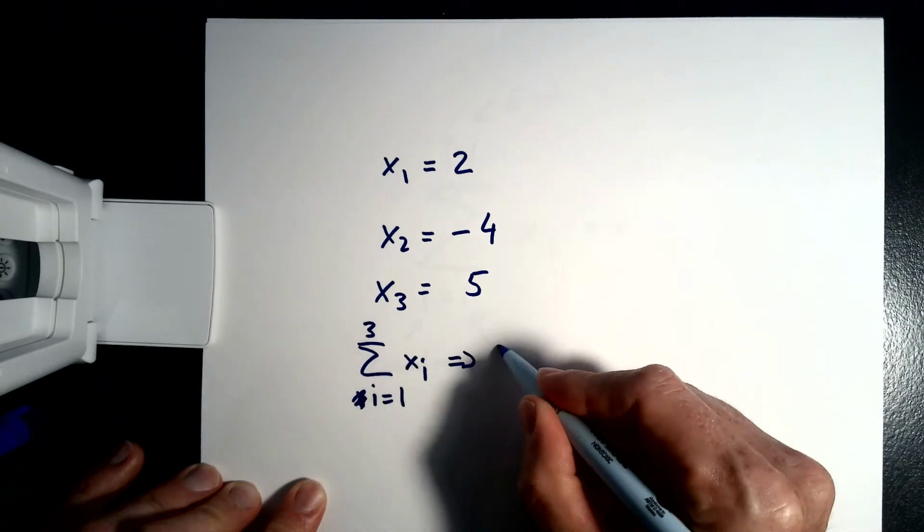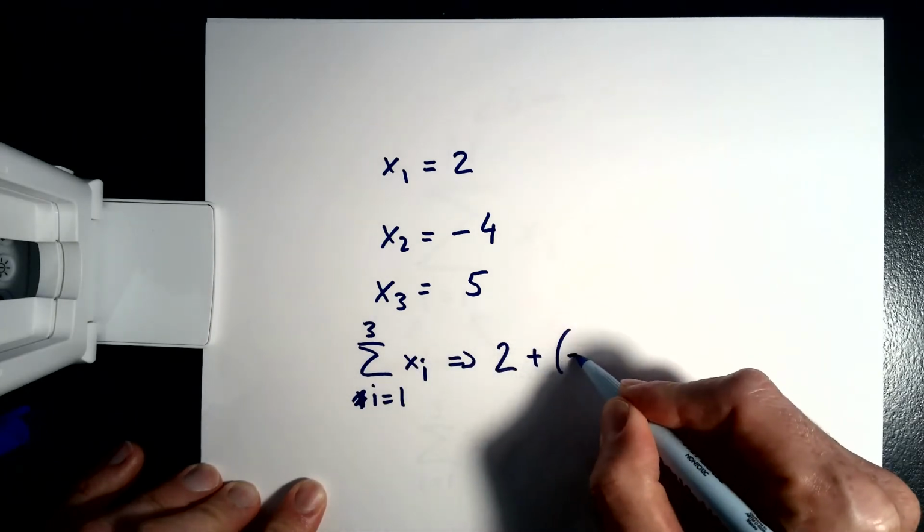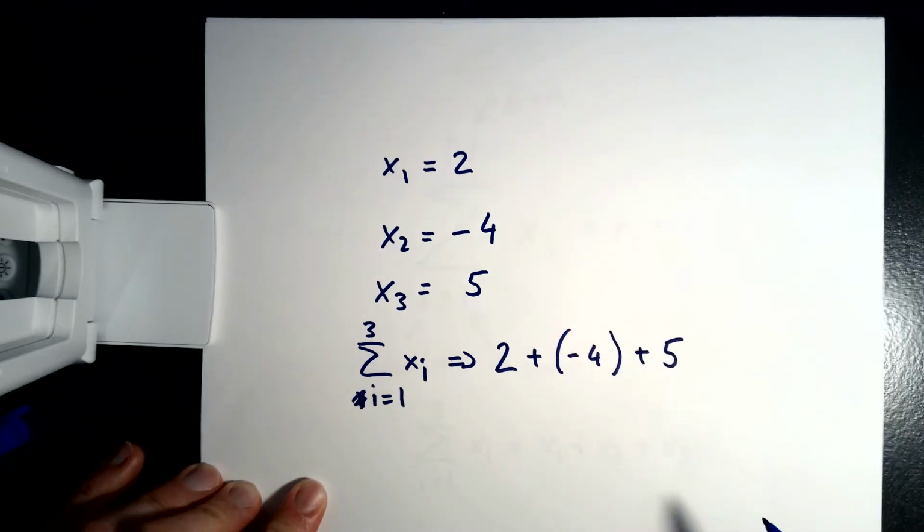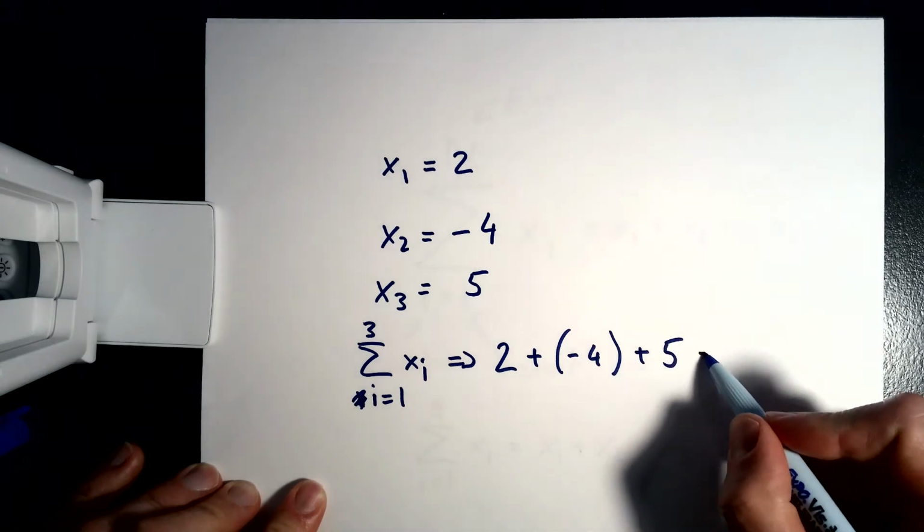So this leads to 2 plus negative 4 plus 5, and hence this is equal to 3.